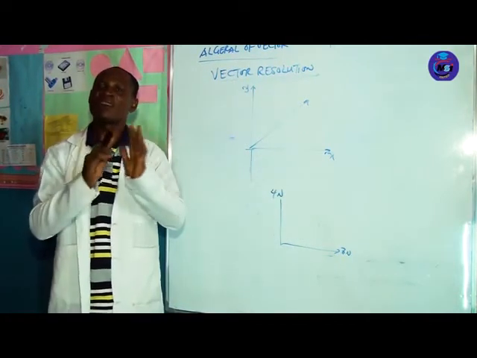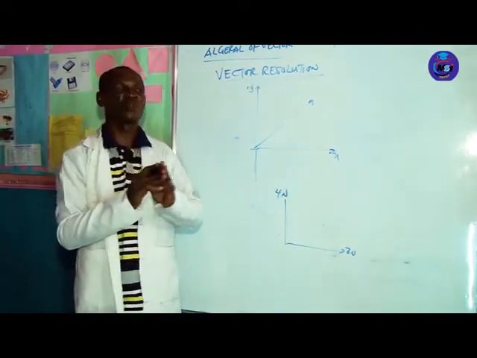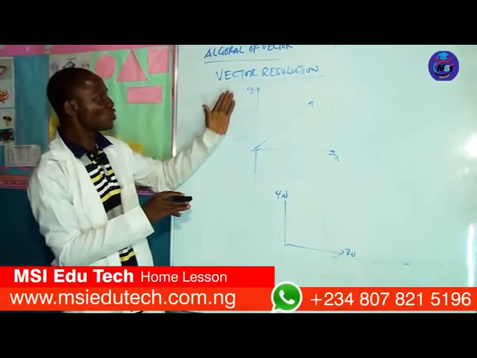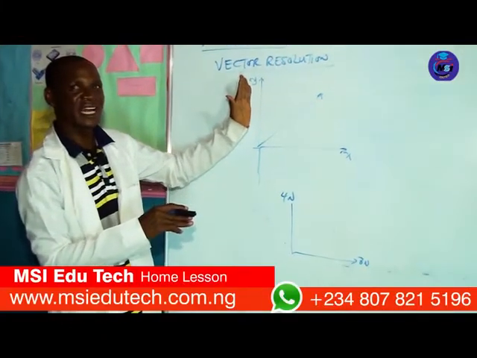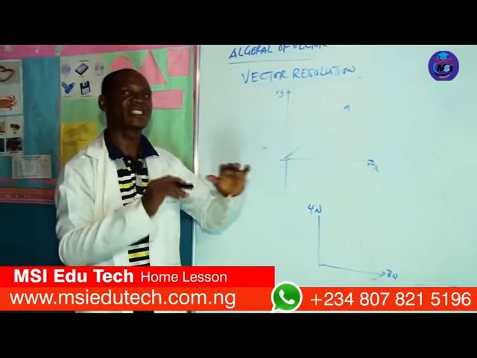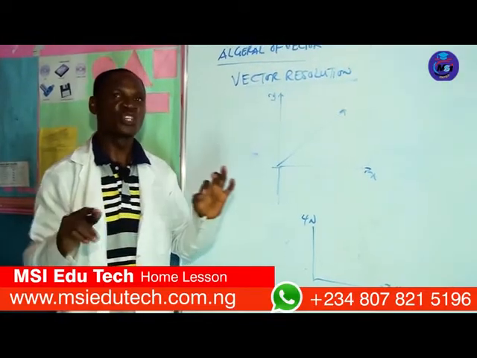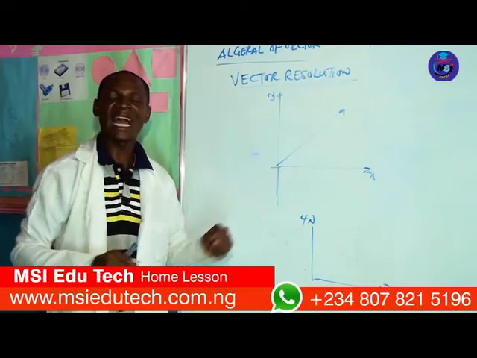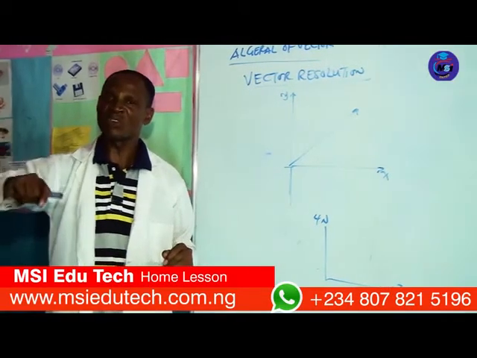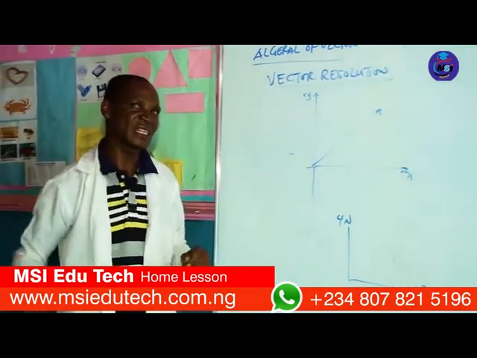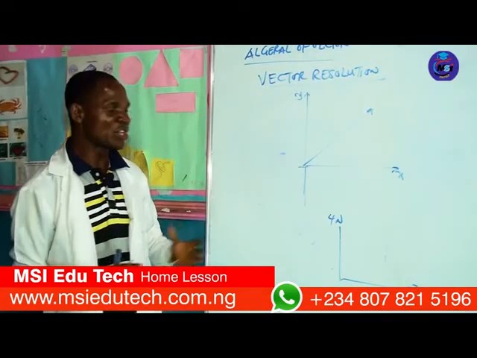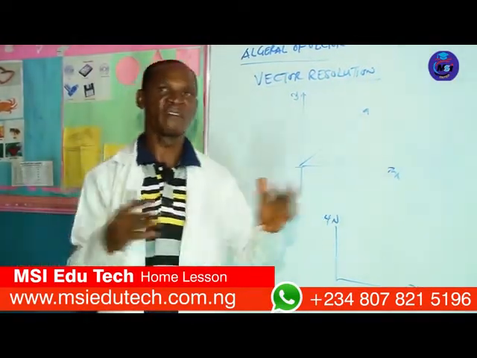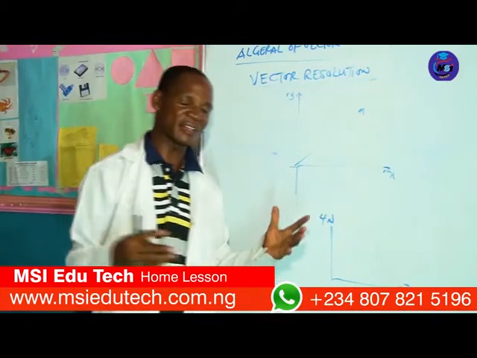So it only has a y component, because when a vector is between the y-axis and the x-axis, it has 2 components. So you need to determine the component of that vector on the y-axis and also the component of that vector on the x-axis. The method of doing this is what we call resolution of vector. You are trying to resolve that vector.